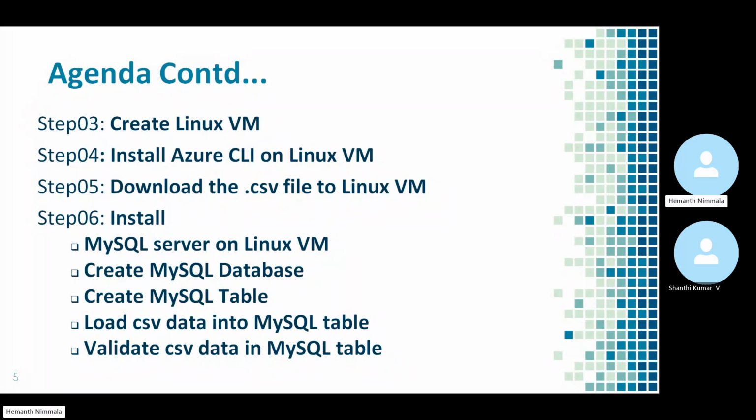Then we'll create a Linux virtual machine. In this case, it will be an Ubuntu. On that Linux virtual machine, we'll SSH into the virtual machine and start installing the Azure CLI. Once that is done, we'll download the blob onto this virtual machine and then import into the SQL Server.